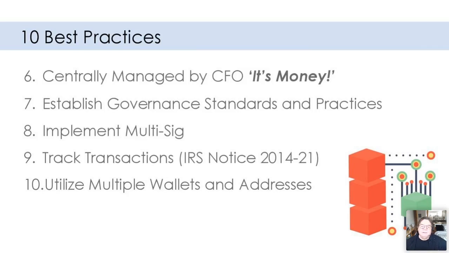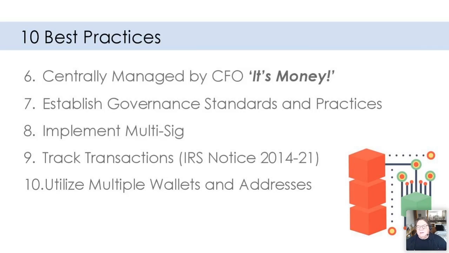You probably want to establish a governance protocol for that. Track transactions. Take a look at the IRS Notice 2014-21, which tells you what you need to know from an accounting standpoint when you engage with Bitcoin transactions. And then I think utilizing multiple wallets and addresses should become part of your governance chain.